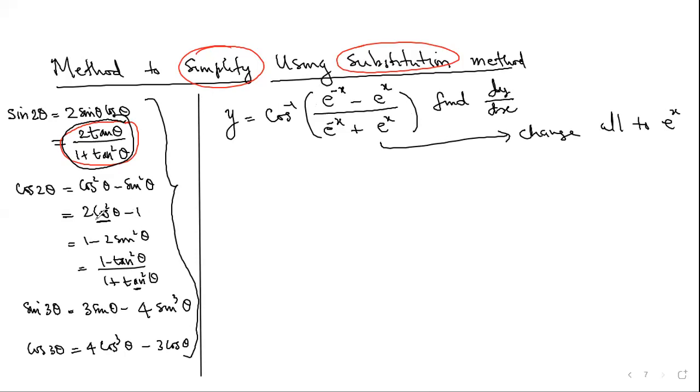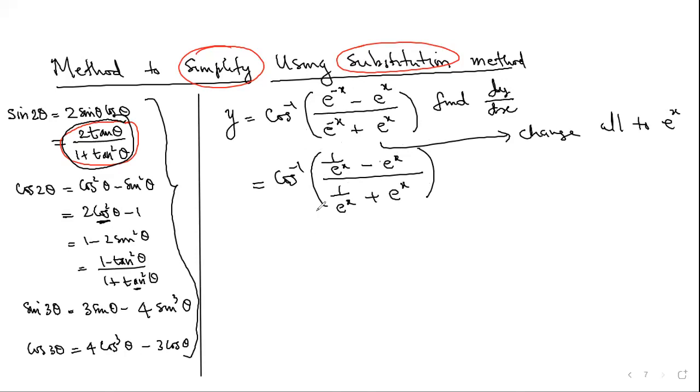If in one place I'm replacing x as cos theta, everywhere I have to replace x by cos theta only. So because I have e raised to minus x here, make it all in one term. I hope you understood what is meant by one term. If there are different terms, make them all alike.